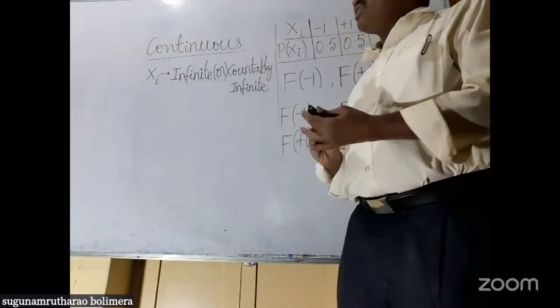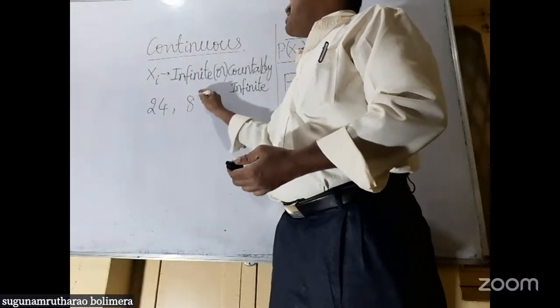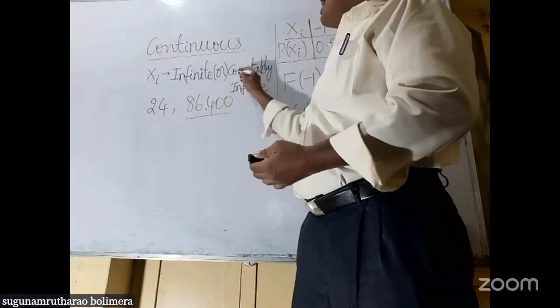When you compare 24 with 86,400, you say this is countably infinite.